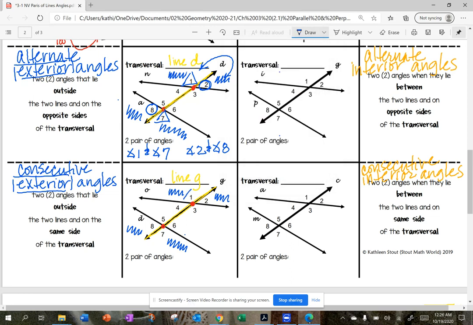This time, with consecutive, I don't want to be on different sides of the transversal; I want to be on the same side. So my consecutive exterior angle pairs are angle 1 and angle 8, and angle 2 and angle 7.